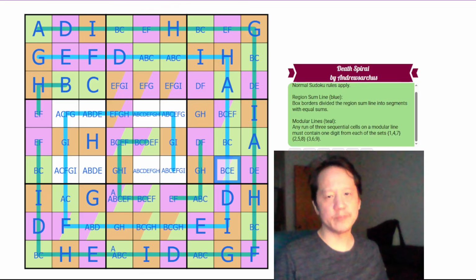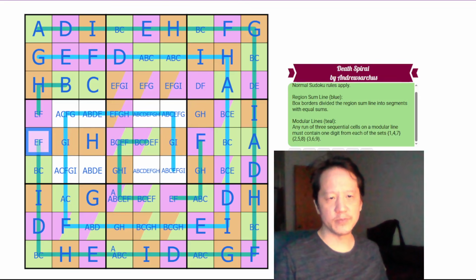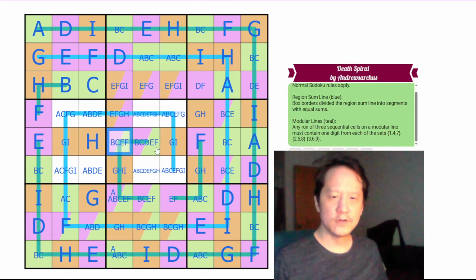So this cannot be F, which would force this to be B, C, E, which would mean this can't be E, that's F, which makes this can't be F, that's E. So BCE eliminates E there, so that's D. This is not D, that's F. This can't be F, that's E, that's F. So this can't be E or F. It must be D here.